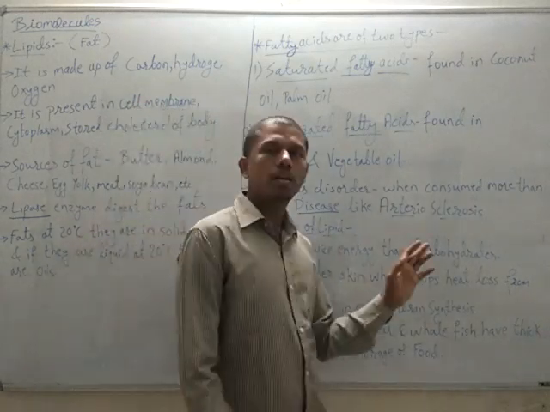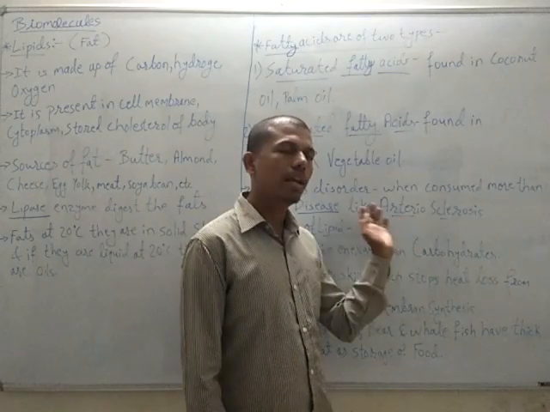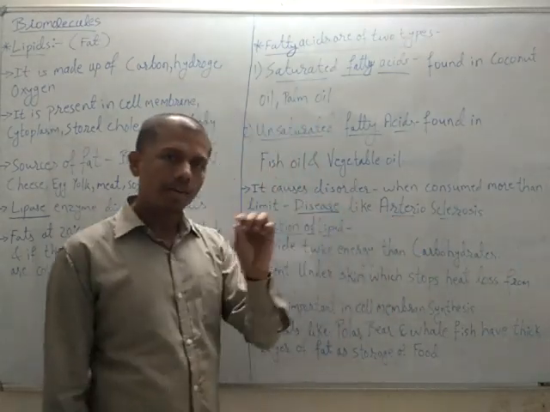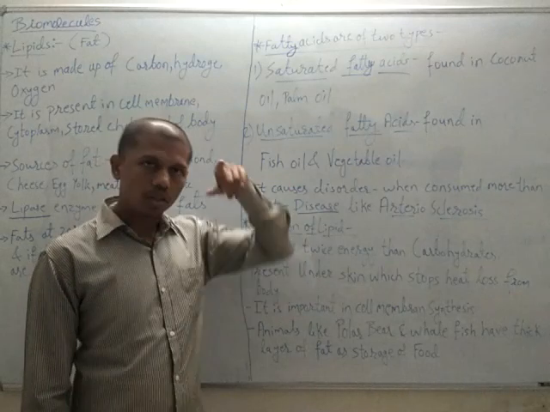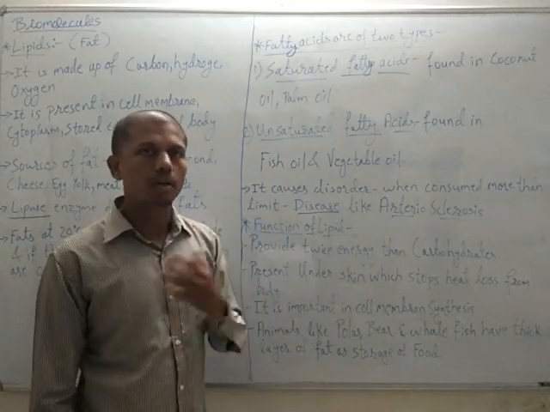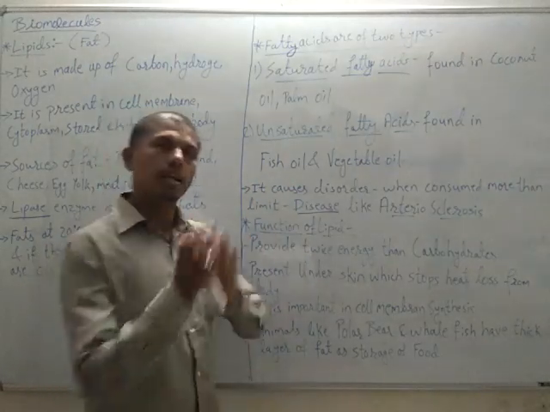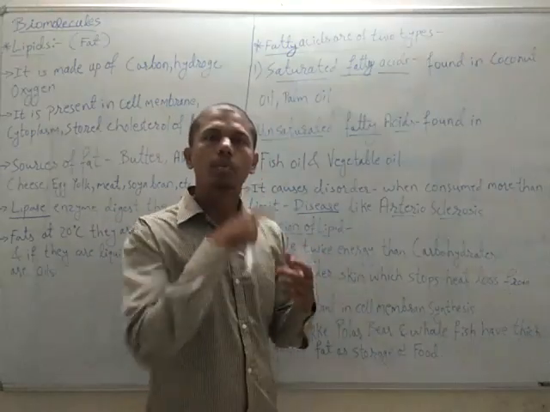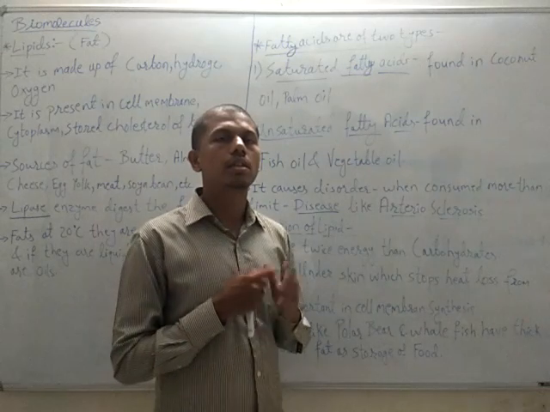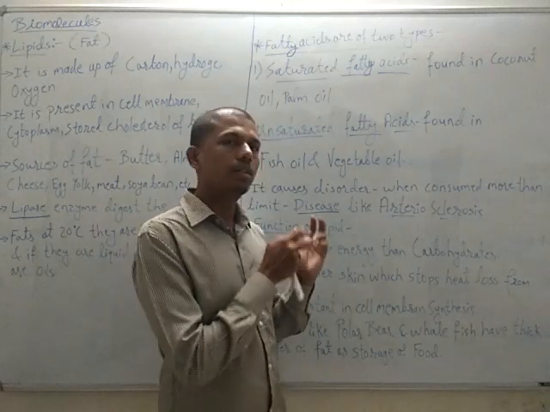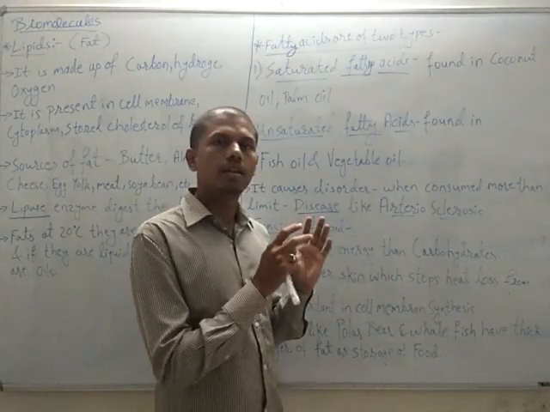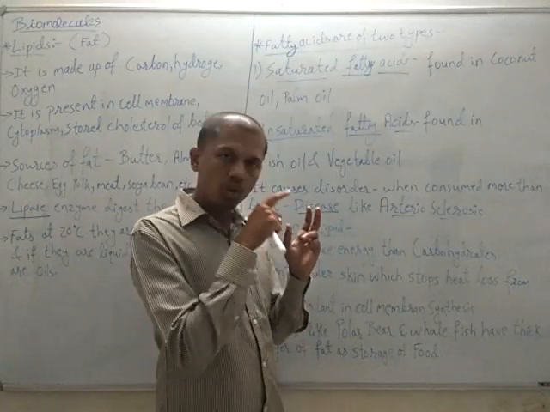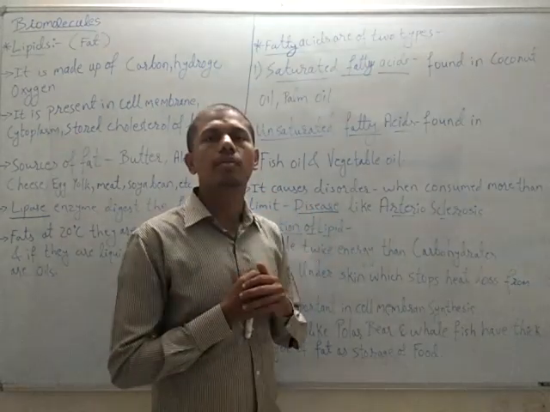When blood is carrying more amount of fats, those fat molecules deposit on the inside wall of the blood vessels and start accumulating there. They get deposited and occupy the space of the blood vessel.